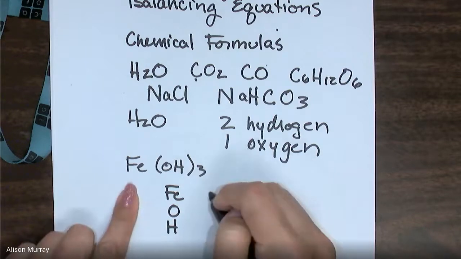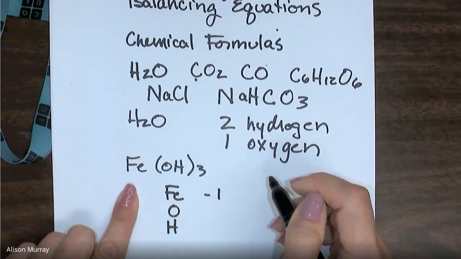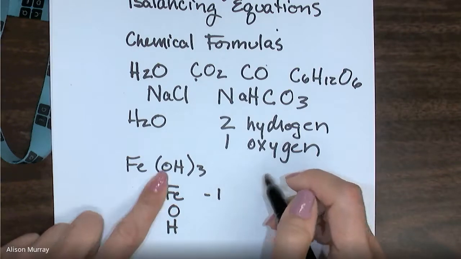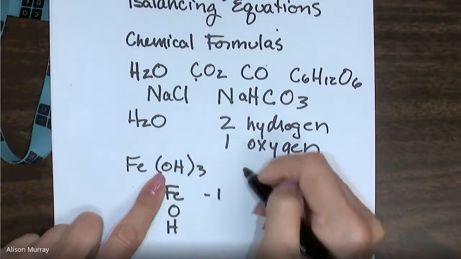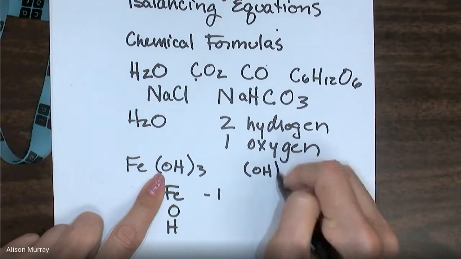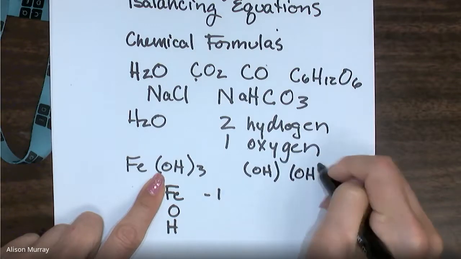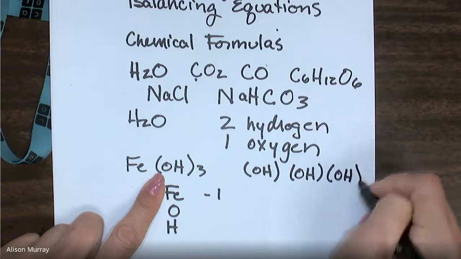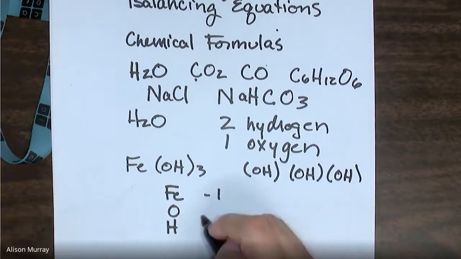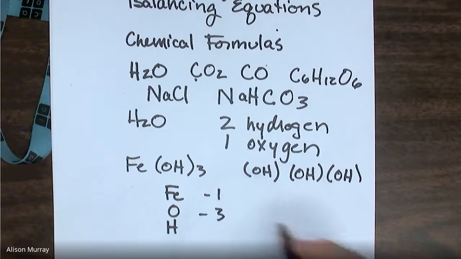There is 1 iron. There are 3, right? Because this means that there are 3 of those OHs. So there are 3 oxygens, and there are 3 hydrogens. Okay, so don't make this any harder than it has to be.